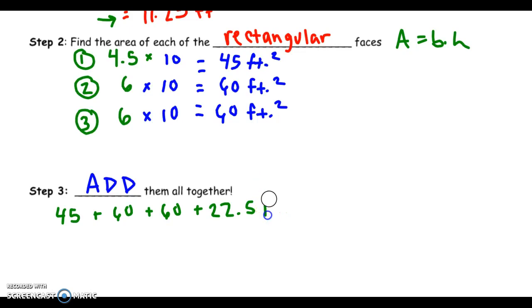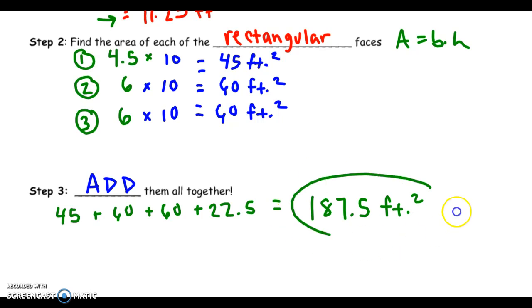So when we add all of those together, this is what's going to get us our surface area. So we have 60 plus 60 plus 45 plus 22.5 gives me a total surface area, my calculator is saying 187.5 feet squared.